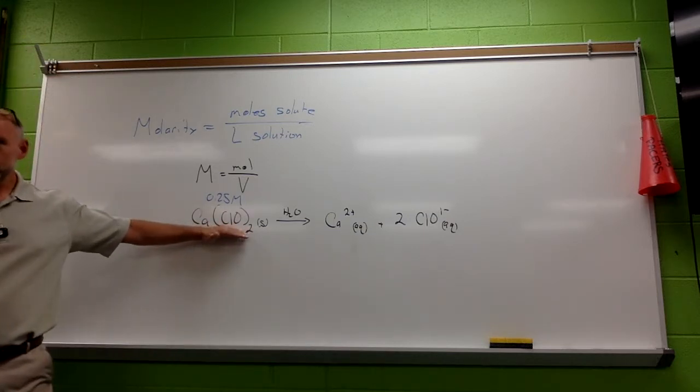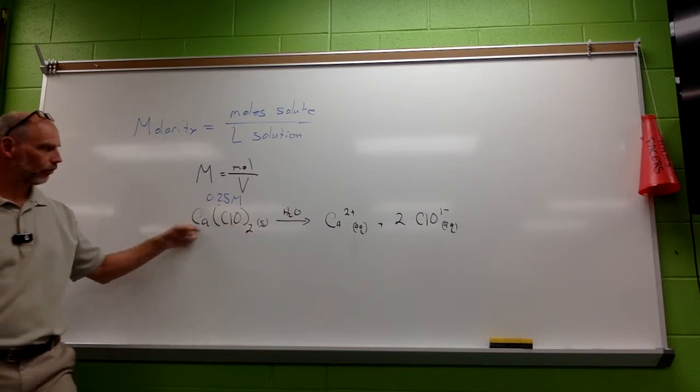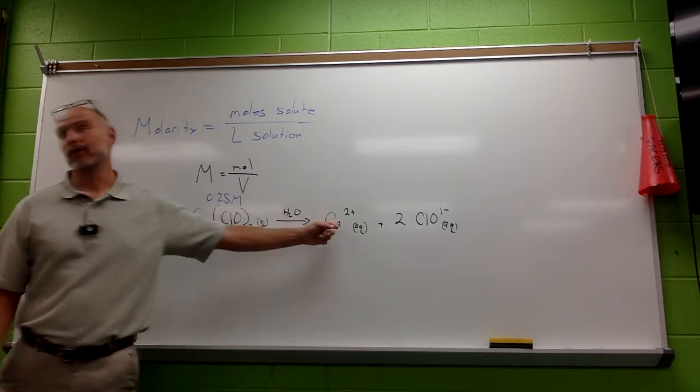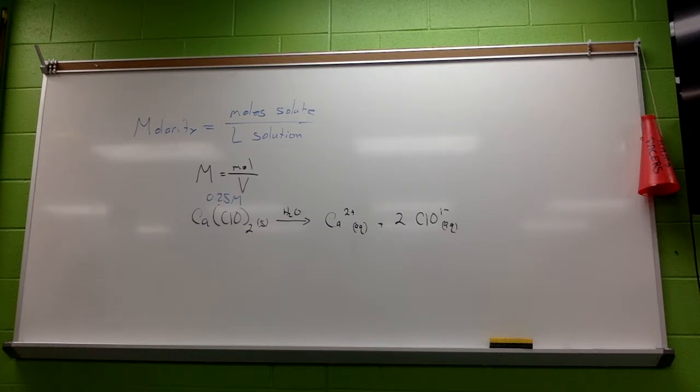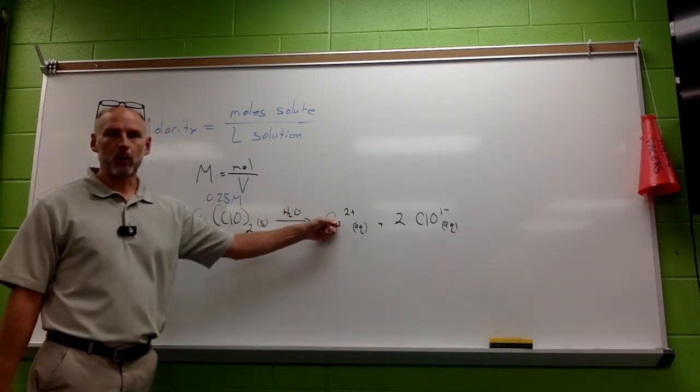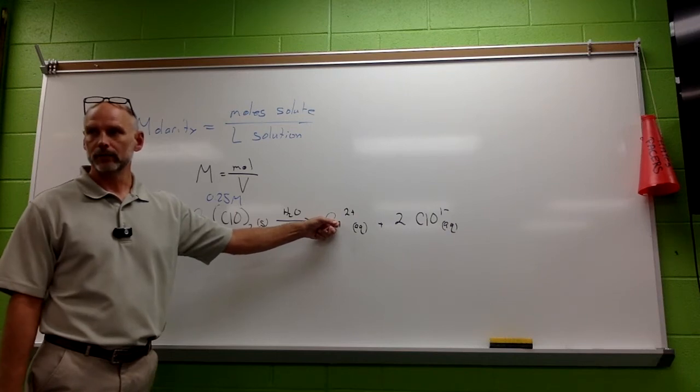Now, when this dissociates, what's the stoichiometry between this and this? I found out earlier today that not everybody understands what that means when I say, what's the stoichiometry? It's 1-to-1. What's the mole ratio? Between this and that, it's a 1-to-1 stoichiometry.